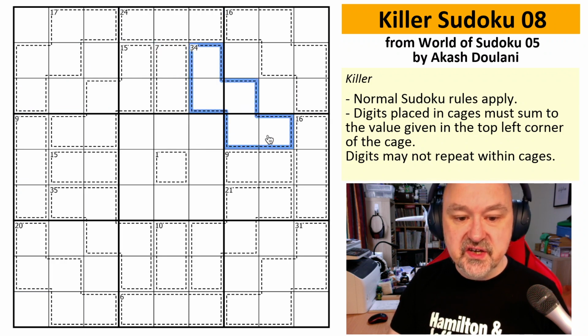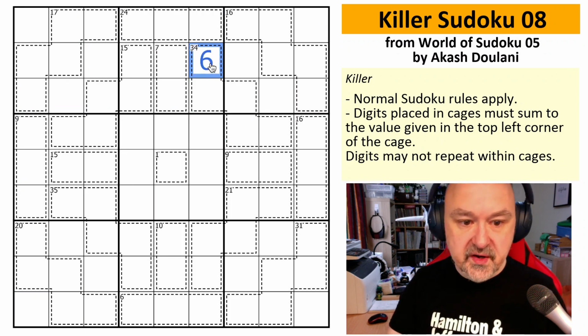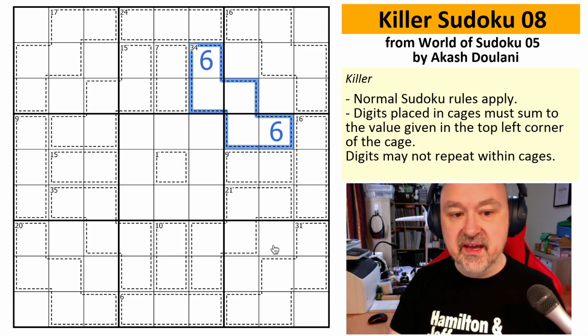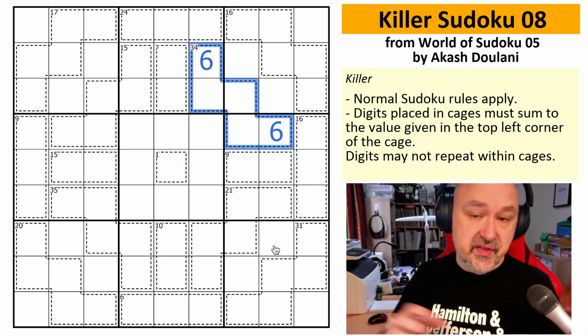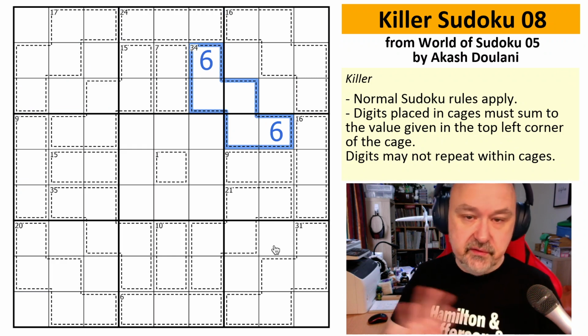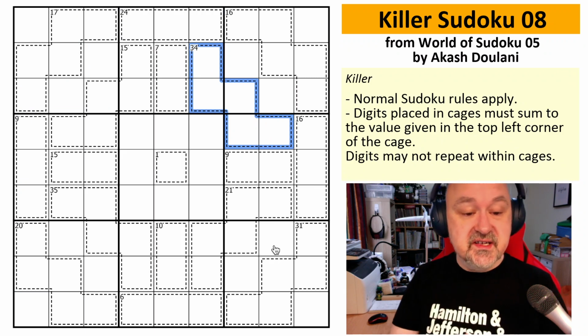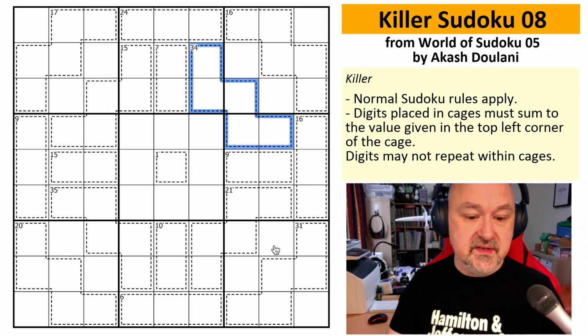In bigger cages that cross box boundaries and line boundaries, digits may not repeat. So it would not be possible for me to put a 6 there and a 6 there. That does not break the rules of Sudoku, but that cage right there is broken. If you put 2 6s in the same cage together, they don't like each other, they fight, and there's blood everywhere, and it's very, very messy. Do not do that. So this is how Killer Sudoku works, and I am now going to attempt the puzzle.